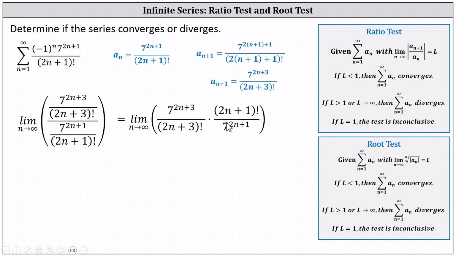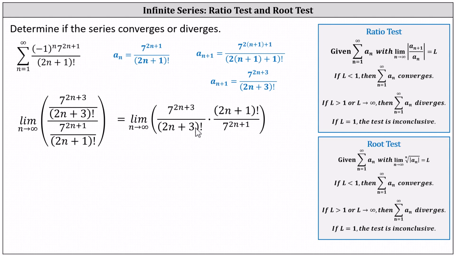Looking at the factors of 7, notice 7 to the power of 2n plus 3 has two more factors of 7 than 7 to the power of 2n plus 1, leaving us with two factors of 7 in the numerator. And if we expand 2n plus 3 factorial, remember 2n plus 3 factorial is equal to 2n plus 3 times 2n plus 2 times 2n plus 1 and so on.